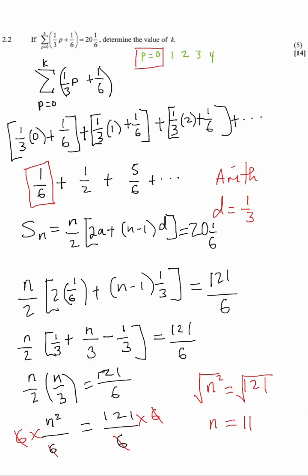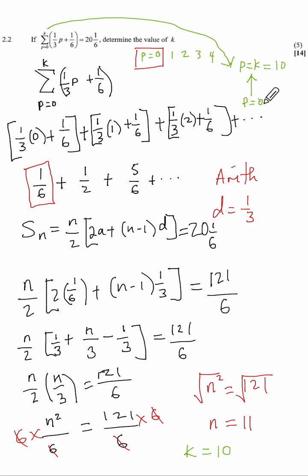So if n is equal to 11, then k has to be 10, so that our values run from p equal to 0 all the way up to p equal to k, which is equal to 10.